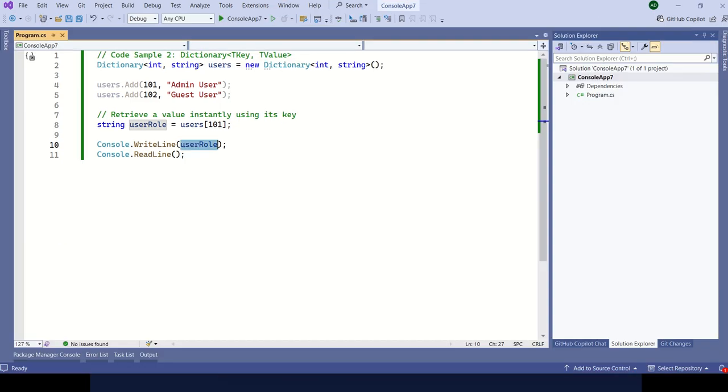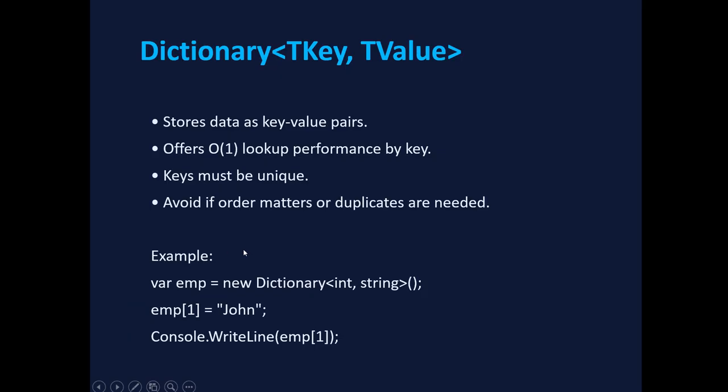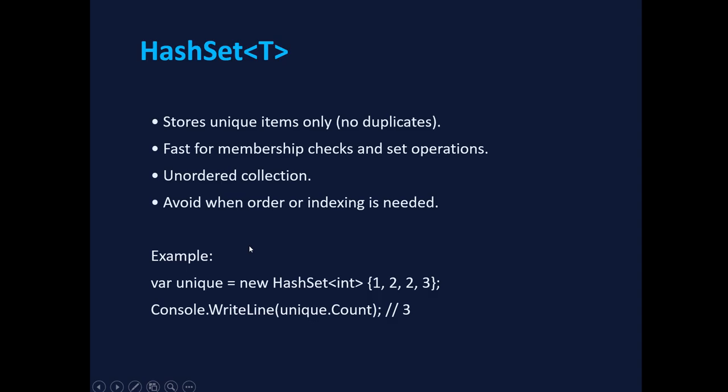And the next topic we are moving to is HashSet<T>. This also supports generics. So what is the HashSet<T>? HashSet<T> is perfect for when you must guarantee that every item in your collection is unique. If you try to add a duplicate item, HashSet<T> simply ignores it.